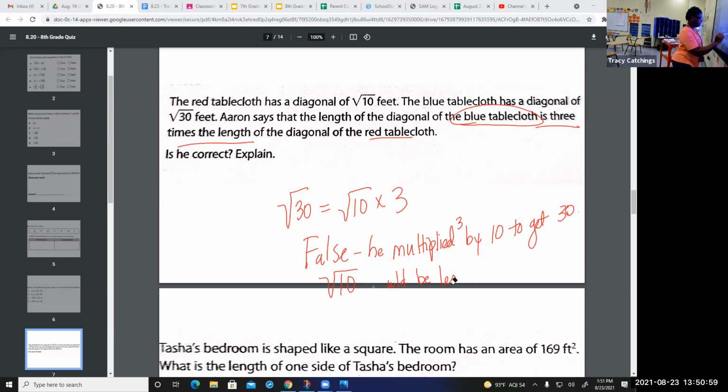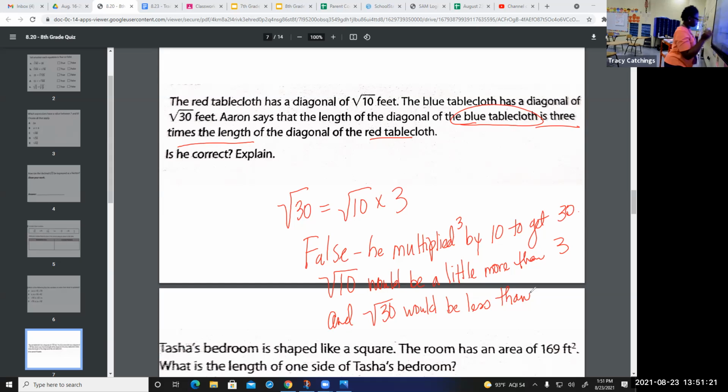So the square root of 9 is 3. And the square root of 30 will be less than 6.